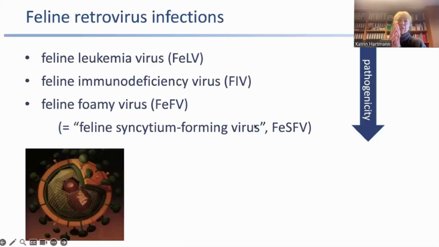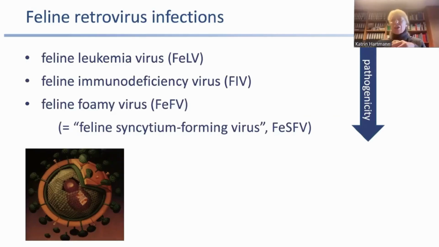So, feline retrovirus infection. Retroviruses are a certain group of viruses. HIV is also a retrovirus. And there are certain retroviruses in cats. There are 3 different retroviruses in cats: FeLV, FIV, and the feline foaming virus. We will not talk about this virus today, also called feline syncytium foaming virus.